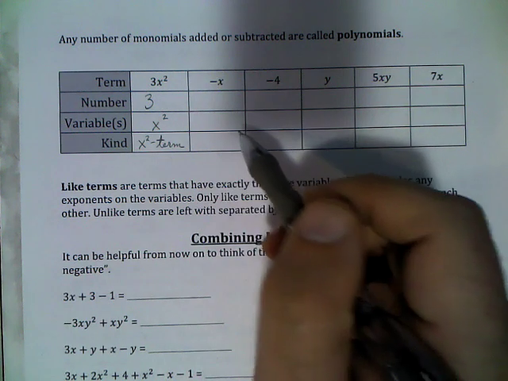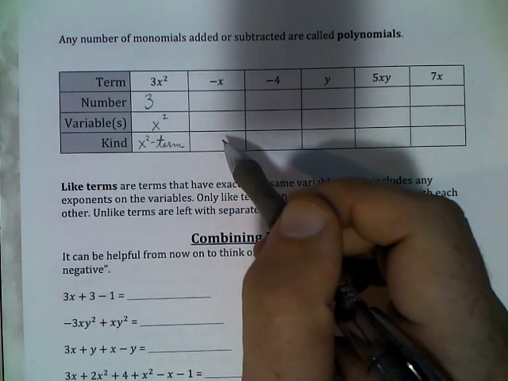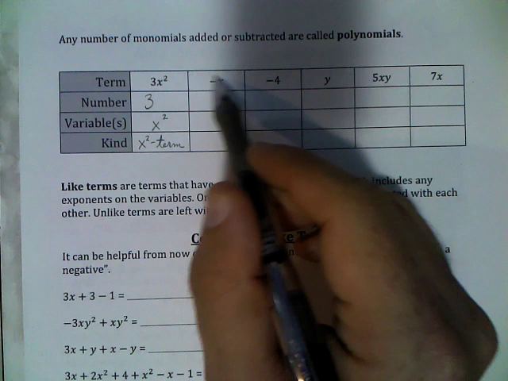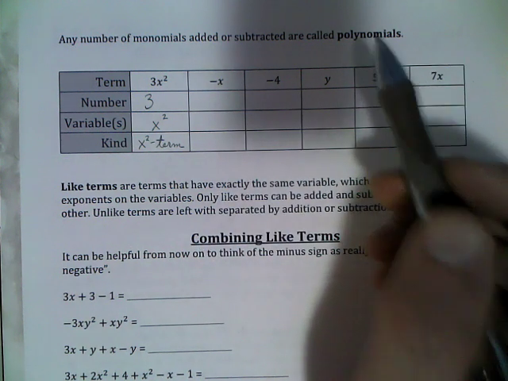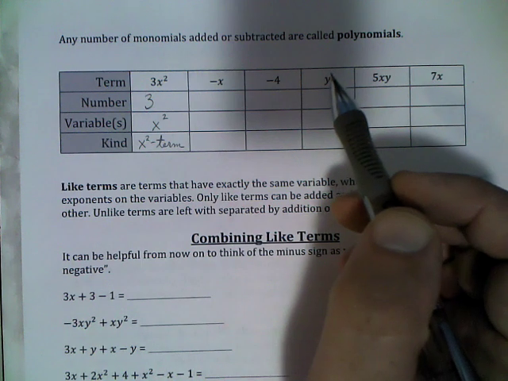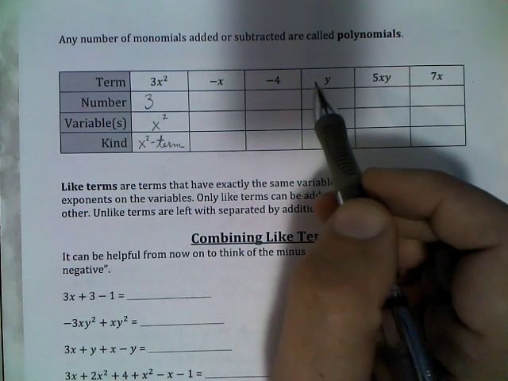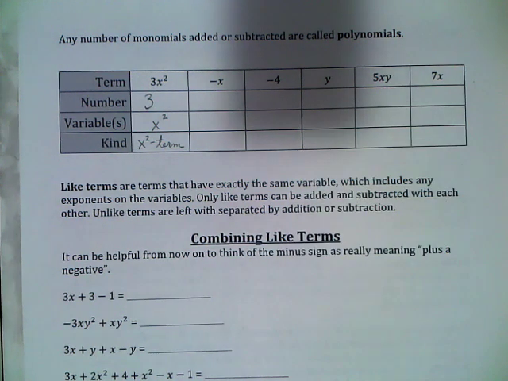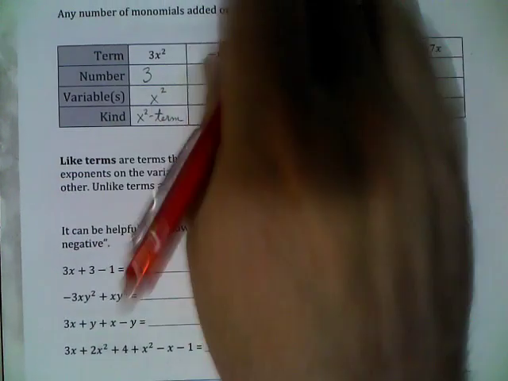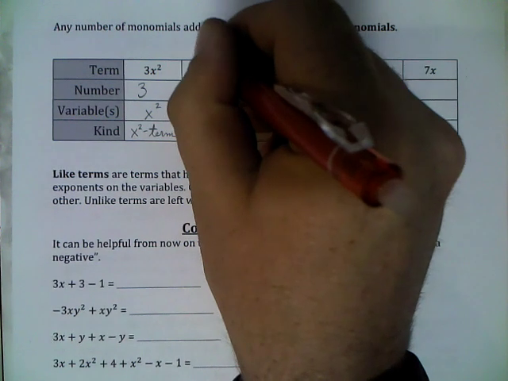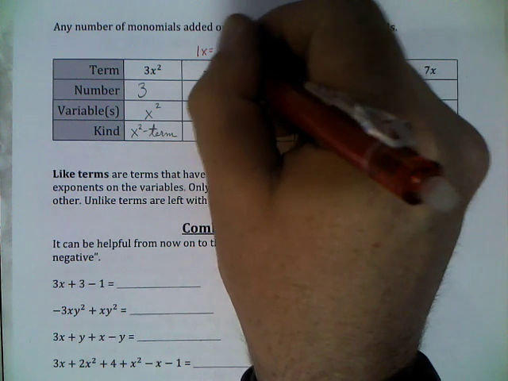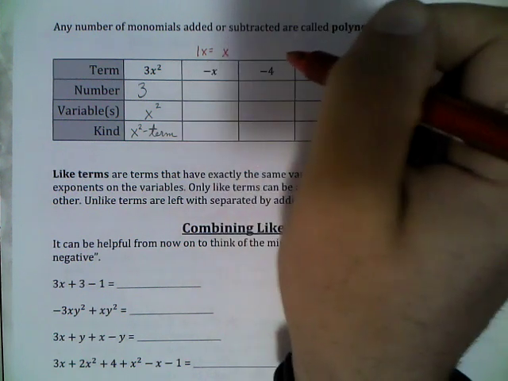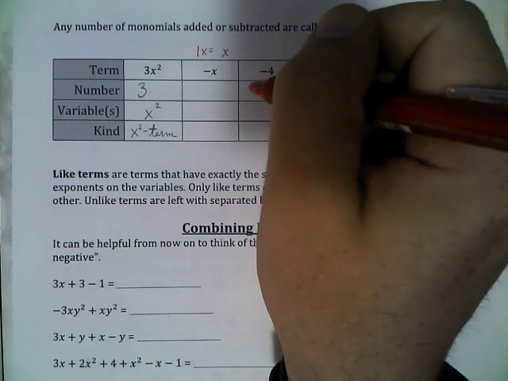Over here, this one's actually a little deceptive, because if you're looking for the number, you might be tempted to say there is no number. But actually there is. Because remember, 1 times anything is itself. So 1 times x equals x.